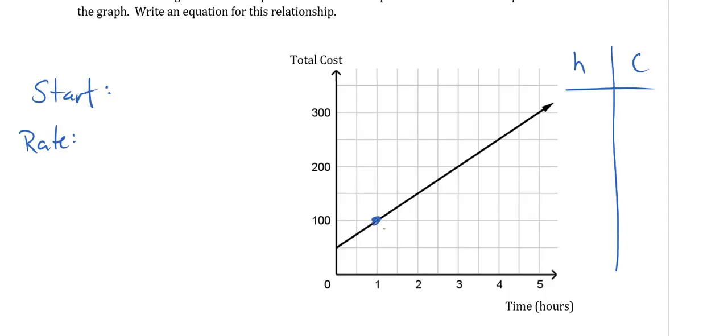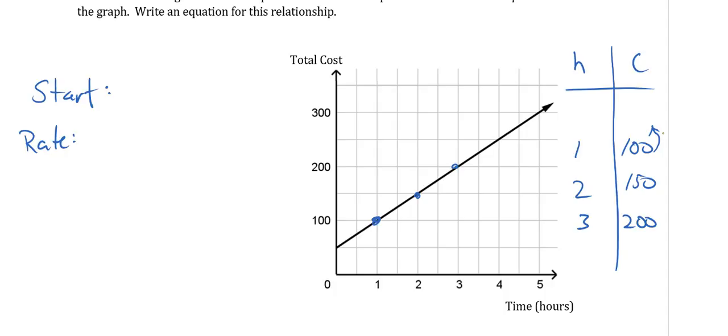And so 1 hour costs $100 and 2 hours costs $150 and 3 hours costs $200. So I can see that it's going up by 50 and it's going up by ones. So I could track back and calculate it. And that's what some people are doing.